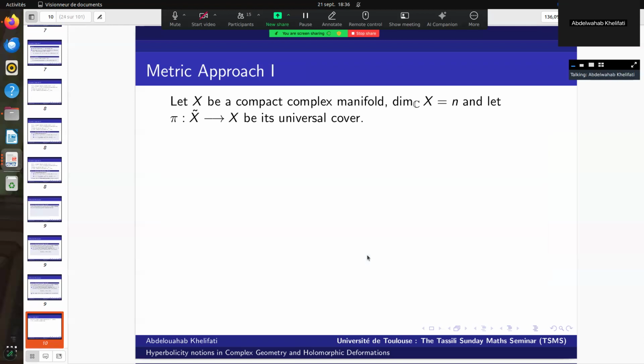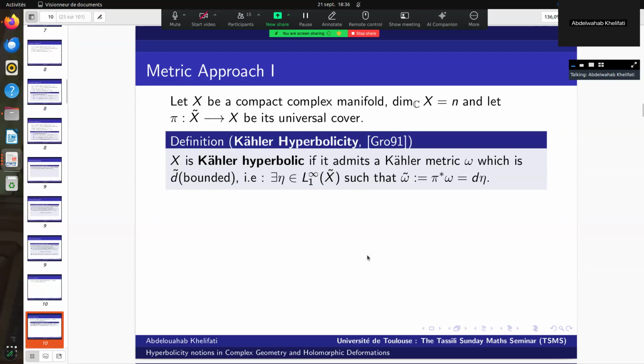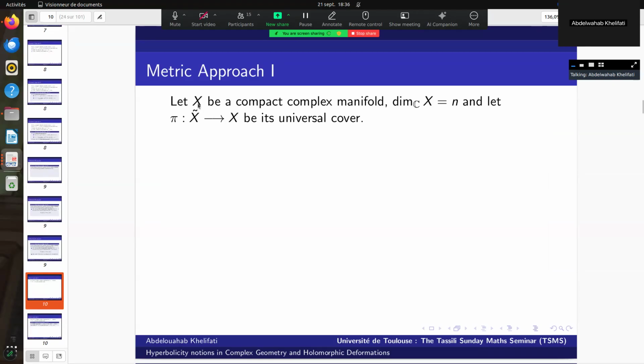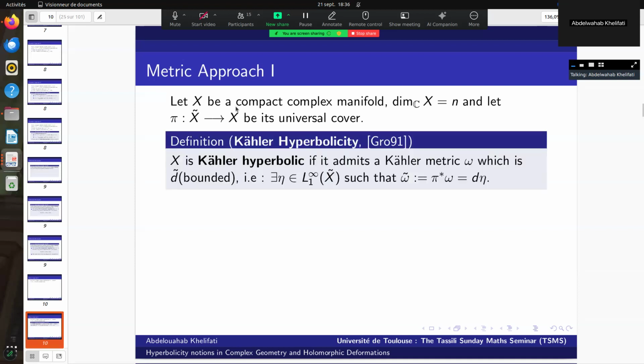He defined this property which he calls d-tilde boundedness. So let's take a compact manifold and take its universal cover. We can do this with the Kähler property. In general, if you have a Hermitian metric on your manifold of dimension n, you take it to the power n, and it defines a volume form. For instance, Gromov defined this in the Kähler case.